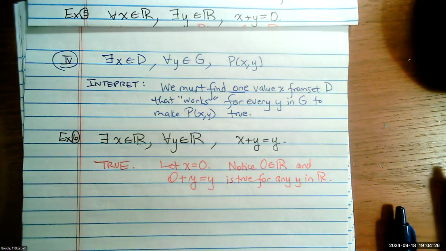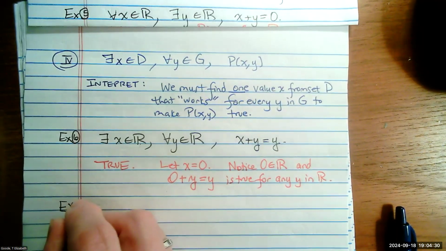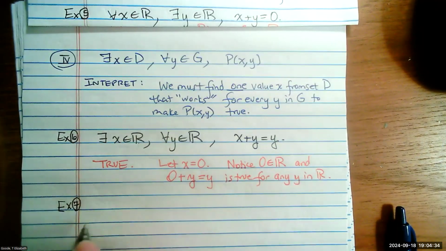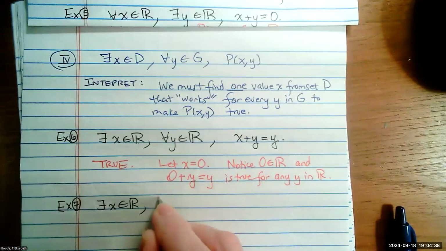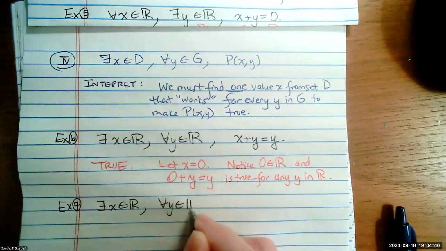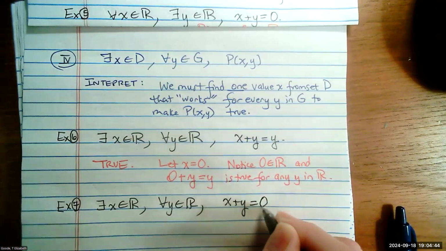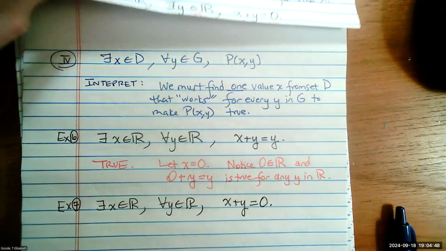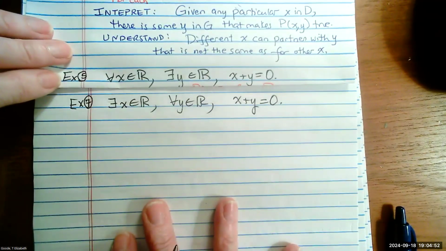All right, let's do another example of one of these there exists for all. There exists an x in the reals such that for all y in the reals, x plus y equals 0. Now, there's a reason why we're looking at this example, because check it out.